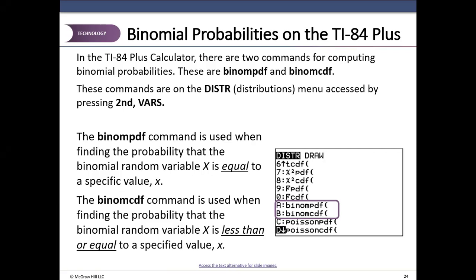That means I want X to be less than or equal to 4, so it can be 0, 1, 2, 3, and 4. Bottom line, when I use C, I add the probabilities from X equal to 0 up to X equal to the specific value. So C is cumulative. Take all the values up to that number, get the probabilities, and add them together starting from 0.